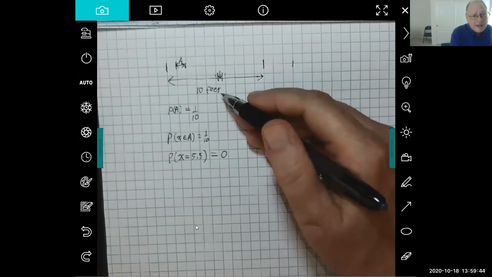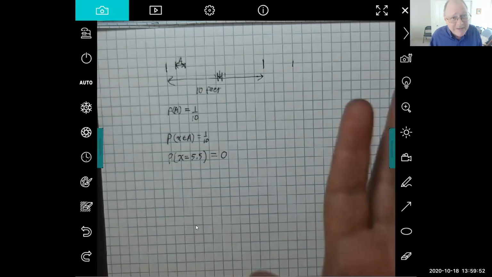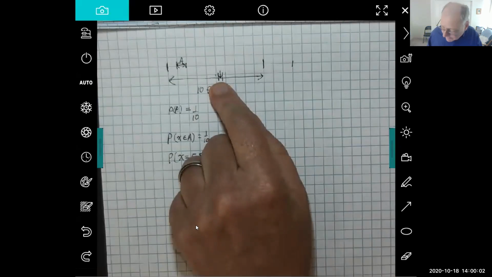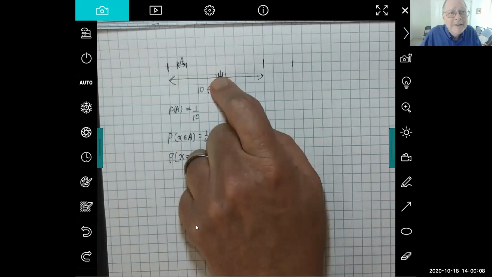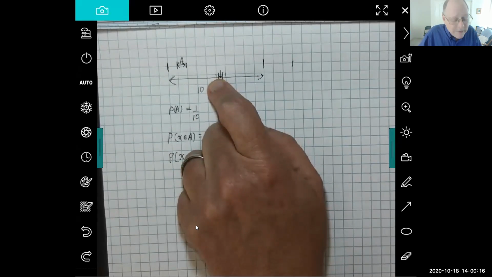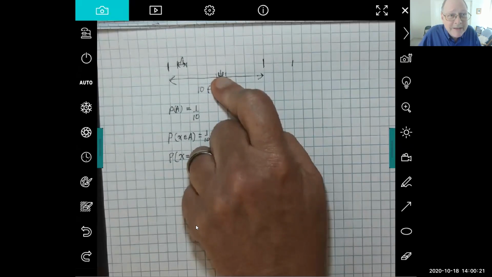So you throw the ball up, it falls someplace, and then you ask, well, what was the probability that that would have happened? And you get 0 every time. So events of probability 0 happen all the time. So when you say probability 0, all you mean is if you were to repeat this experiment many times in the future, as you do it more and more, what percentage of the time are you going to hit that exact spot?